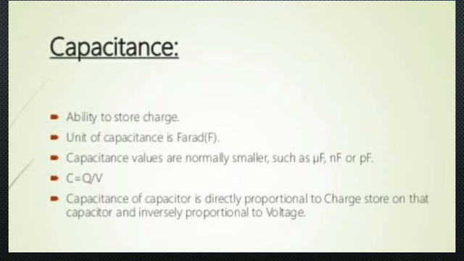Capacitance is denoted by C, which is equal to charge by voltage, where Q is the charge and V is the voltage.